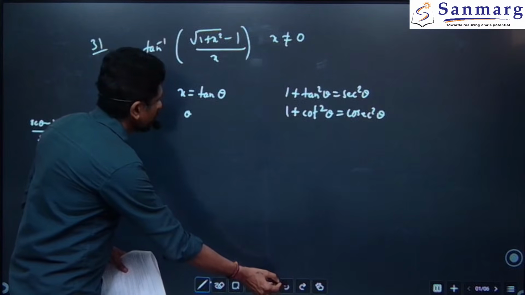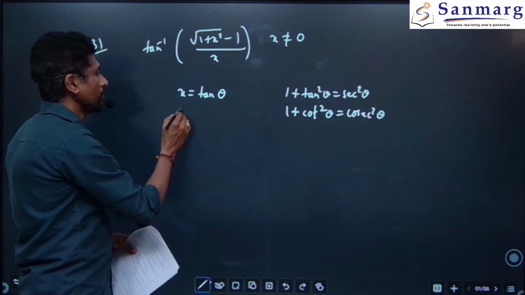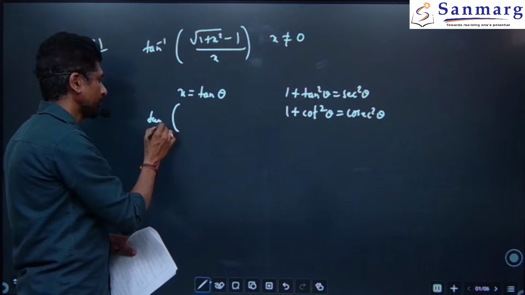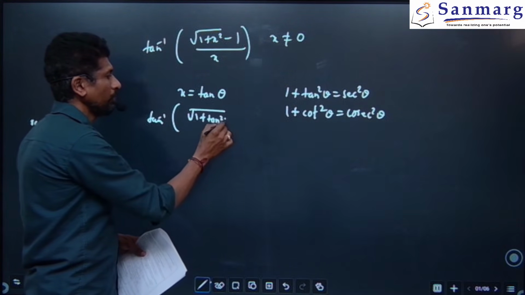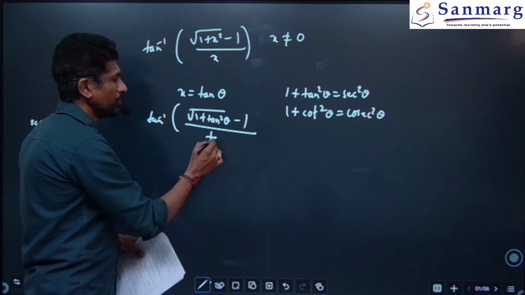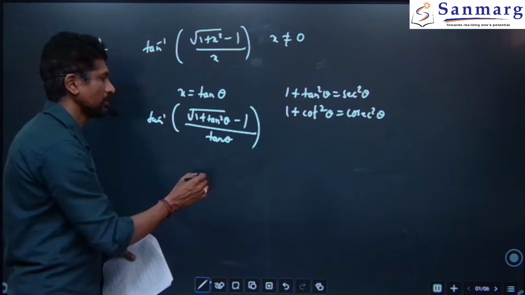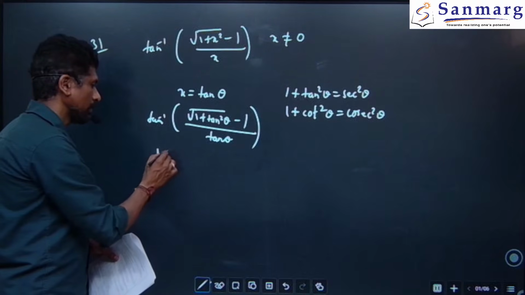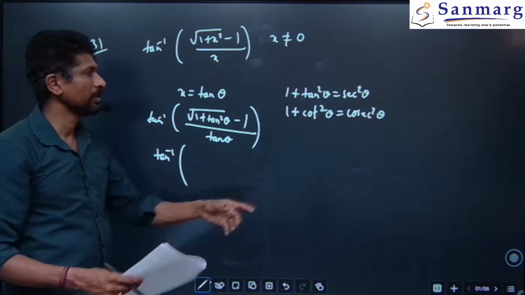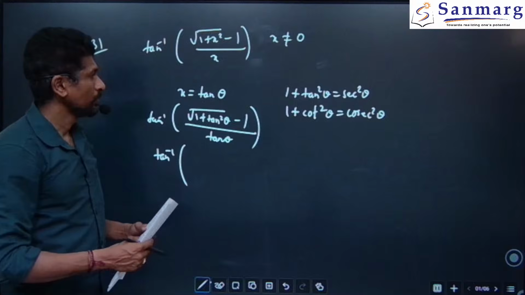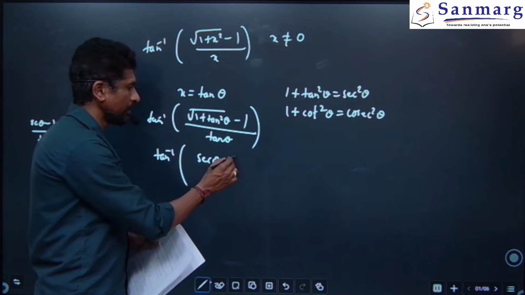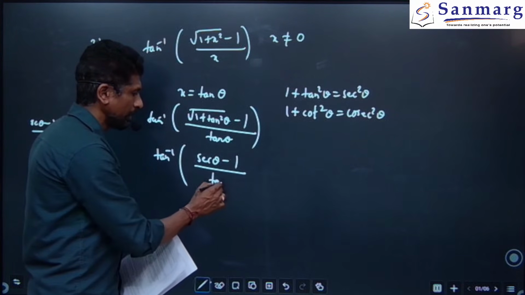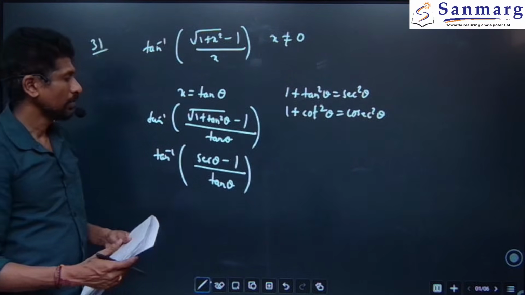By considering now the square root of 1 plus tan square, in the same way the denominator also you have to write as tan theta. The formula of 1 plus tan square is secant square theta. So root of 1 plus tan square becomes only secant theta. Secant theta minus 1 divided by tan theta comes. Again you have to simplify.